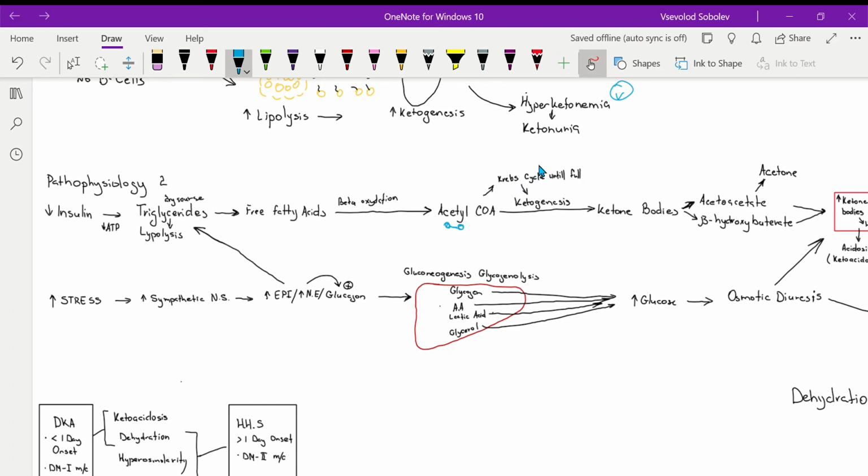The acetyl-CoAs that are excessive and no longer fit into the Krebs cycle will become ketones. Through ketogenesis, they will become ketone bodies. Two of these ketone bodies are acetoacetate and beta-hydroxybutyrate. Acetoacetate will eventually become acetone, and this acetone is the one that leads to fruity breath.